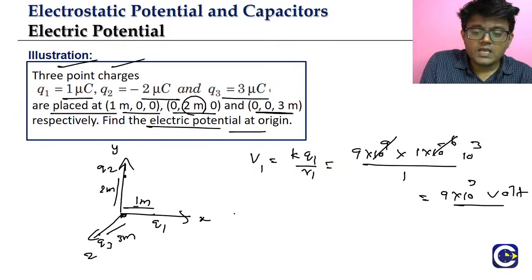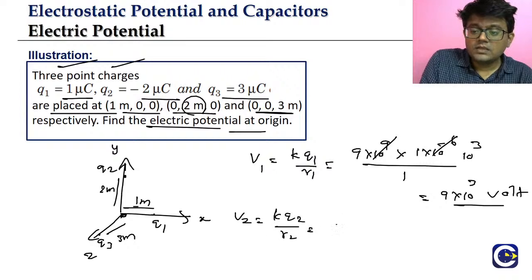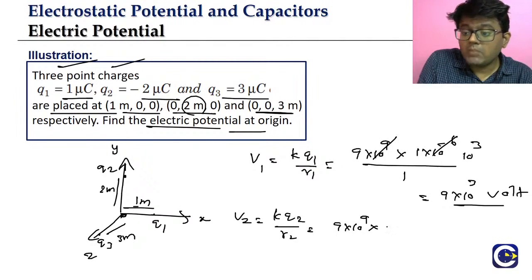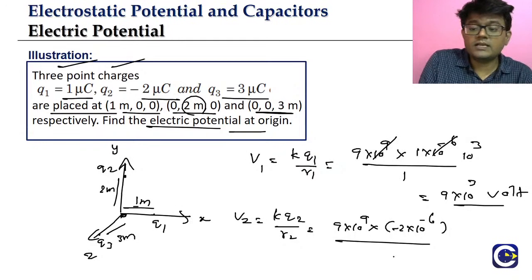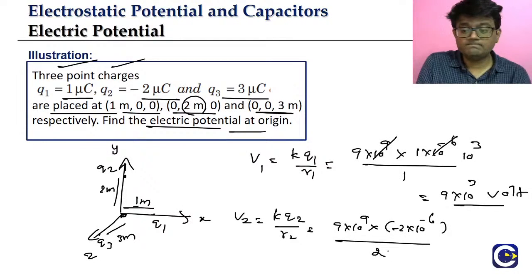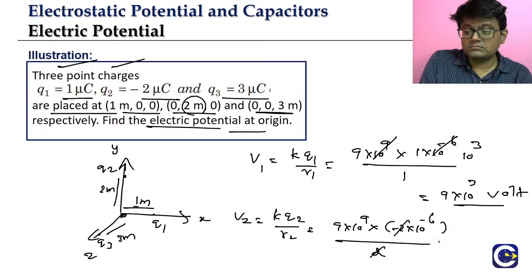Then look at V2: 9 into 10 power 9. What is q2? Minus 2 into 10 power minus 6. The negative charge divided by the distance, 2 meters. This 2 will cancel. What is the remaining?